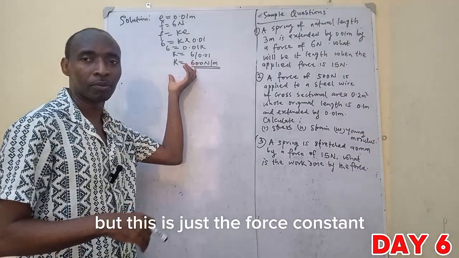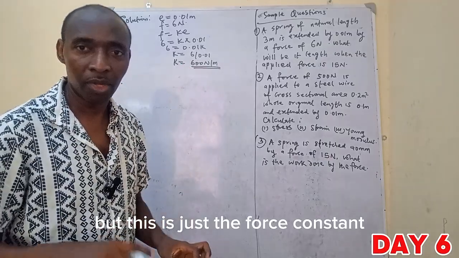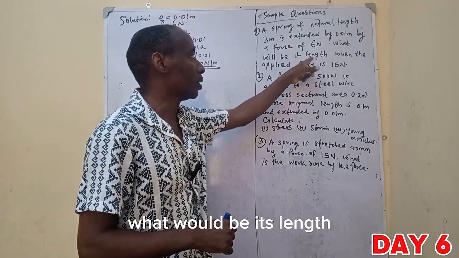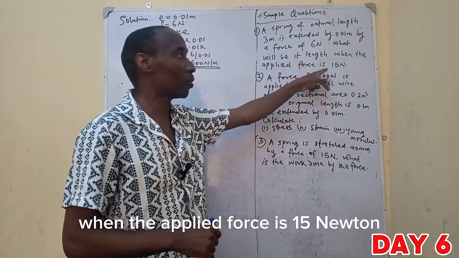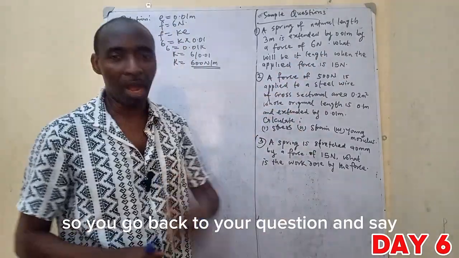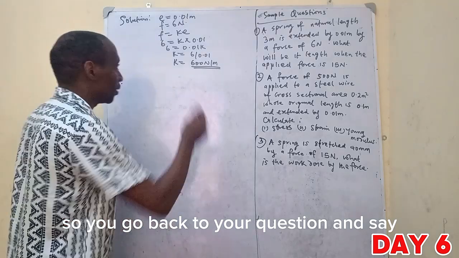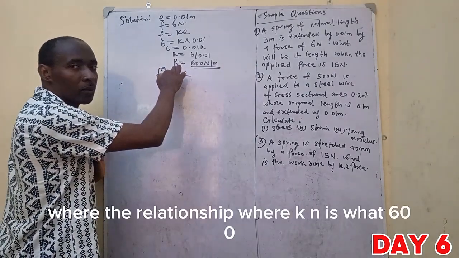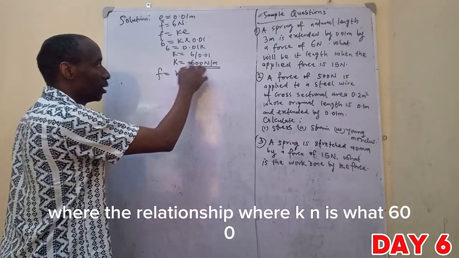But this is just the force constant. The question said, what will be its length when the applied force is 15 Newton? So you go back to your equation and say F is equal to KE, where K now is 600.